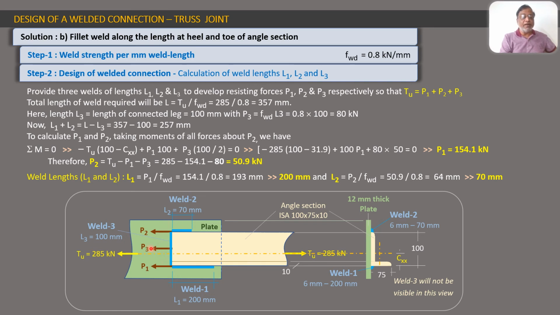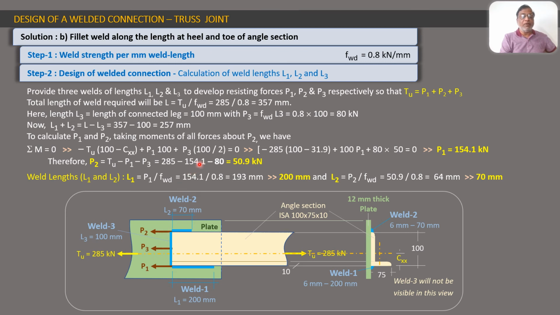Now here we have to note one important point, that this force is acting at the center of the weld, and that is why this P3 is acting at 50 mm, half of 100, 50 mm from P2.